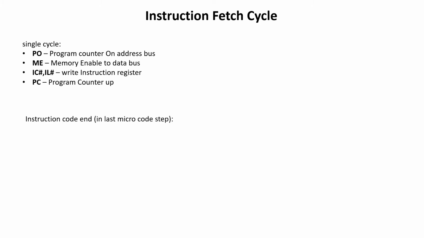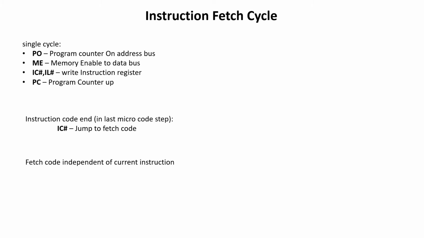Whenever an instruction ends, so whenever the last step of microcode for an instruction is reached, that instruction must also include that IC control line, which jumps back to the fetch code, the code we just discussed.